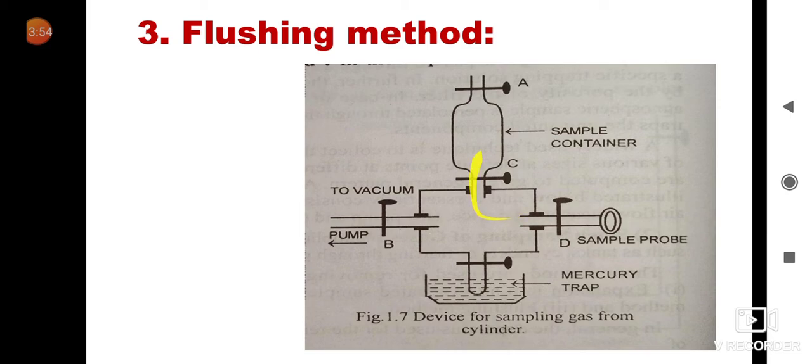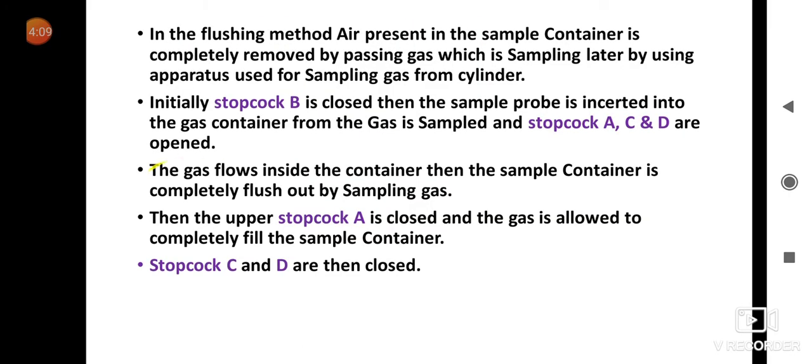This is a continuous process. That means all the contamination present in the sample container goes outside through stopcock B. So when the gas flows through the container, the sample container is completely flushed out by the sampling gas.